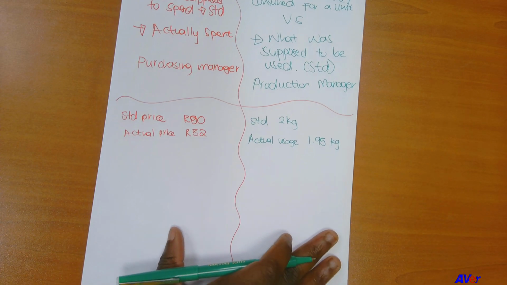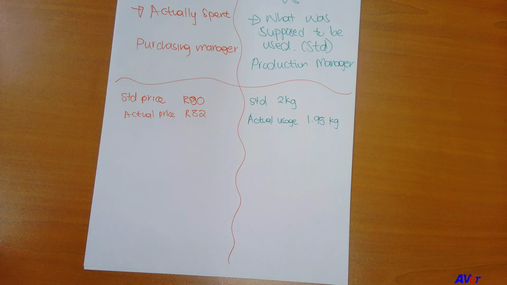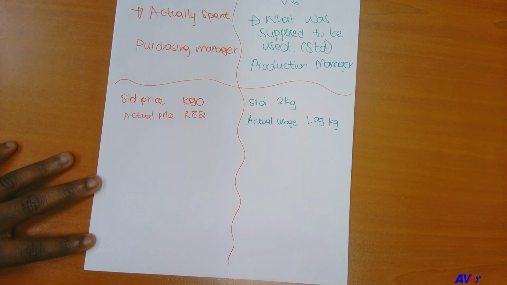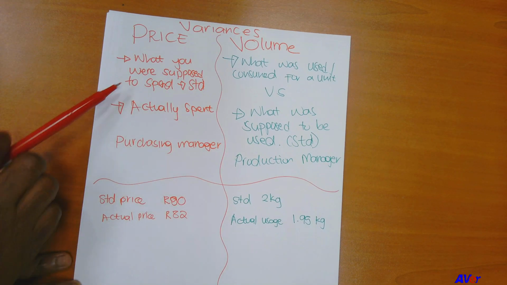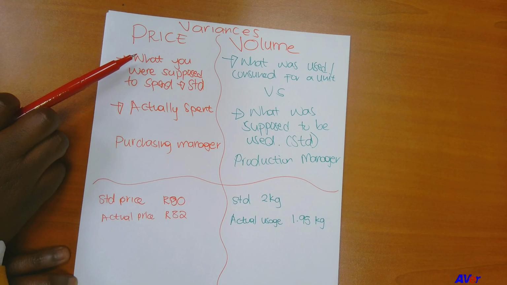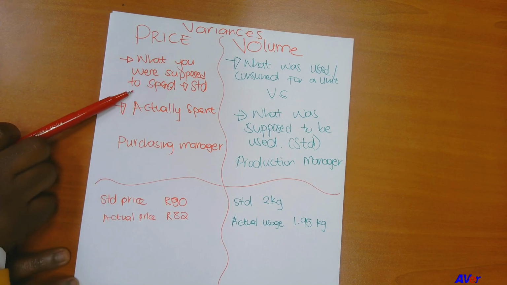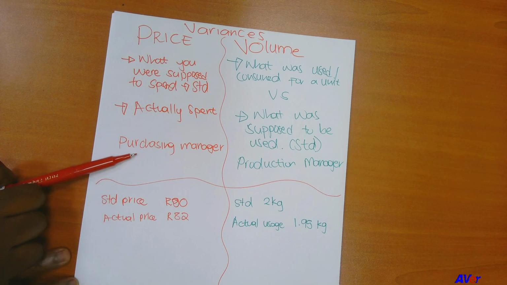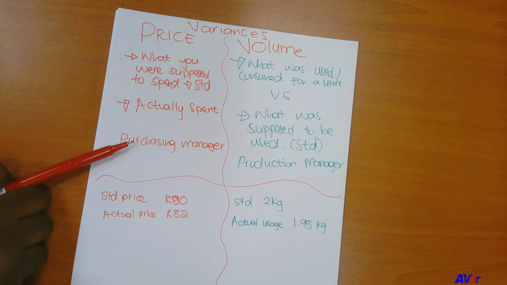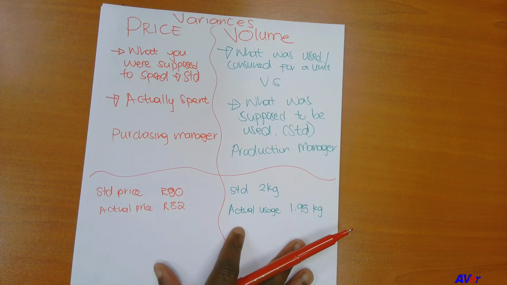Look at it this way. If I want to calculate my variance, let's take it back a bit. A price variance, like I said, is the difference between what you were supposed to spend and what you actually spent, and the purchasing manager is responsible for it because he actually went out to buy the goods.